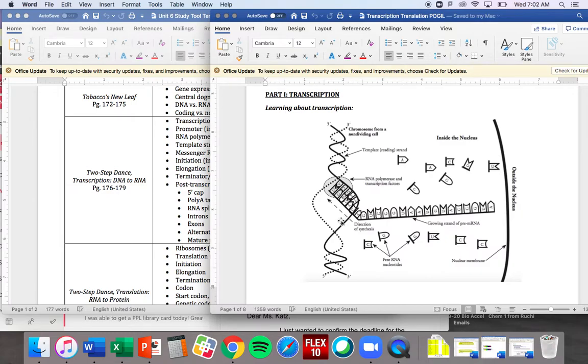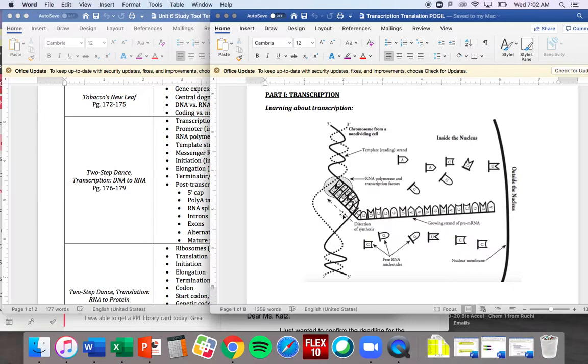So hopefully we remember that that RNA nucleotide will have a ribose sugar instead of a deoxyribose sugar. It will have a uracil instead of a thymine. So it starts building these complementary nucleotides, verifying that it's the correct nucleotide by hydrogen bonding.